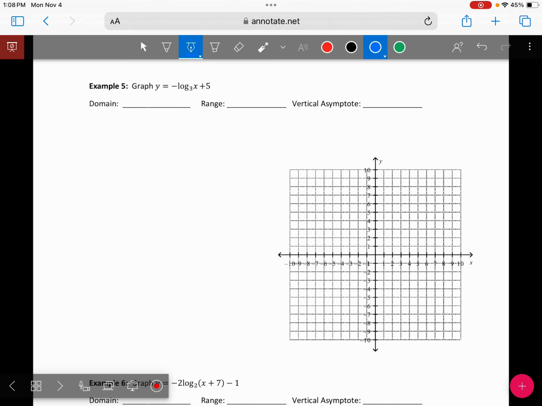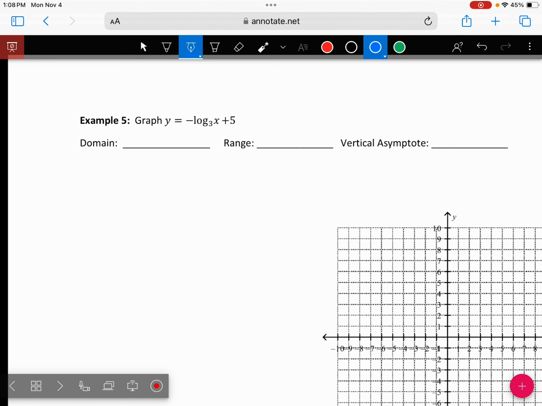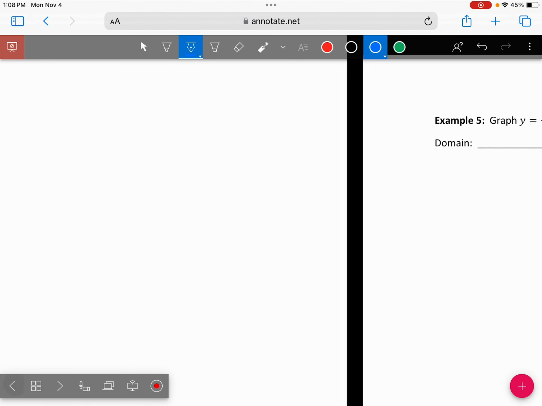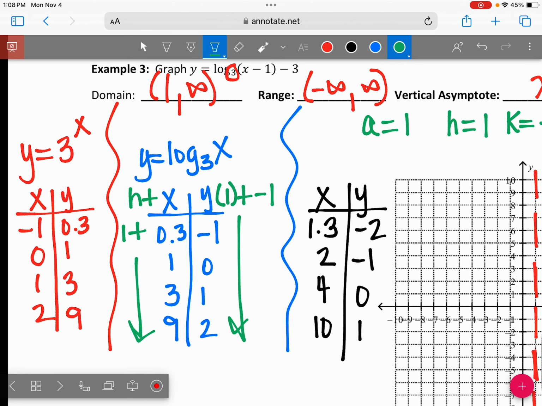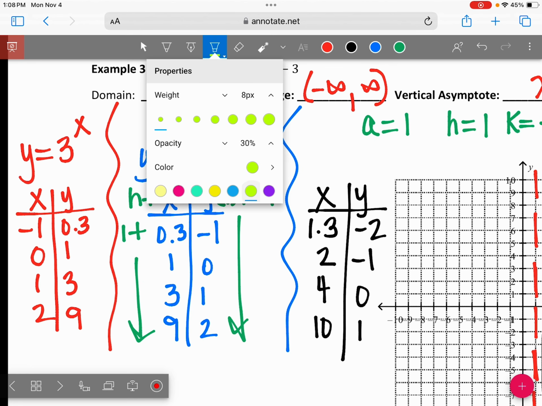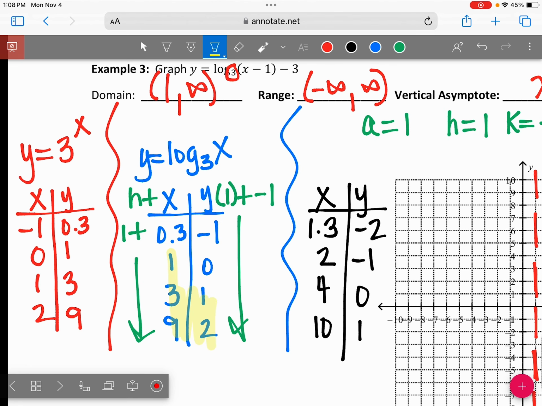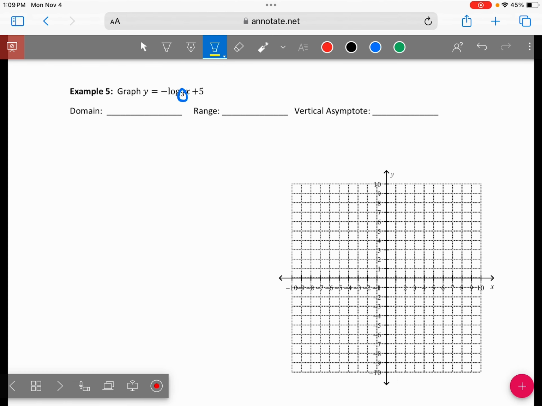So what's our base? Our base is 3. So if we go back to example 3, I'm just going to recopy this table right here because I already did it. So I'm just going to put that for example 5 because I already have it.